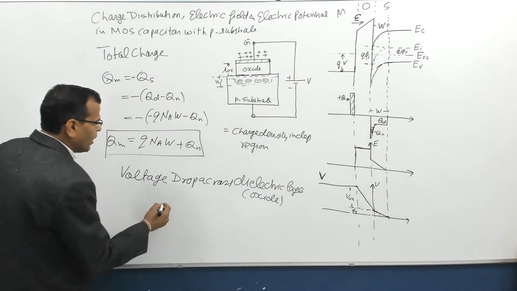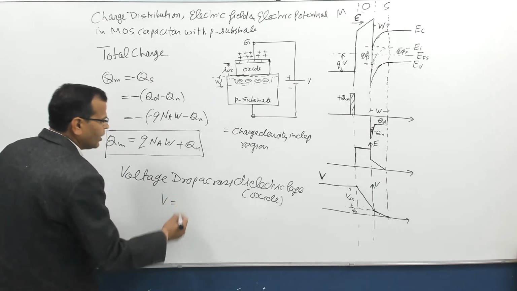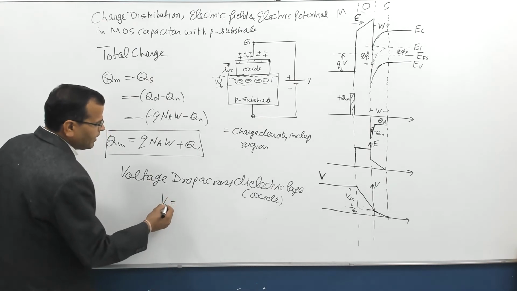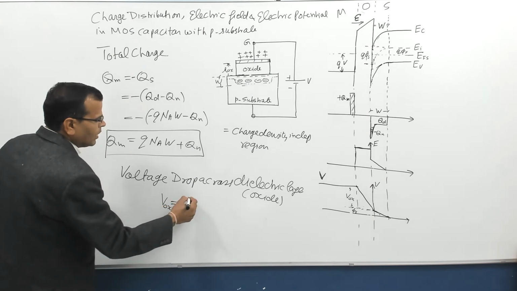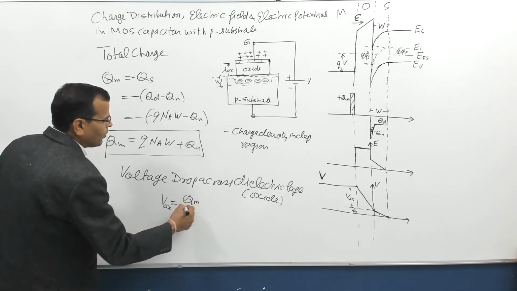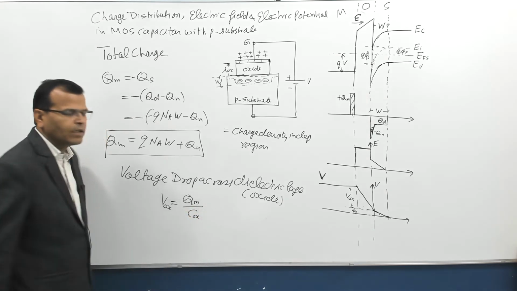Now, what is the voltage? The voltage across the dielectric material is equal to Qm by the capacitance of the dielectric.